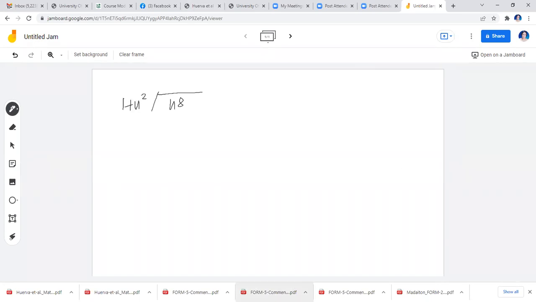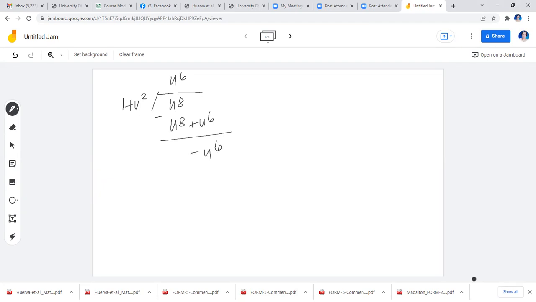Let me check. Okay, that's what we're going to divide. So we'll have here, you divide this one by this, so that would be u raised to 6. You multiply u raised to 8 plus u raised to 6. You subtract, you have here negative u raised to 6.